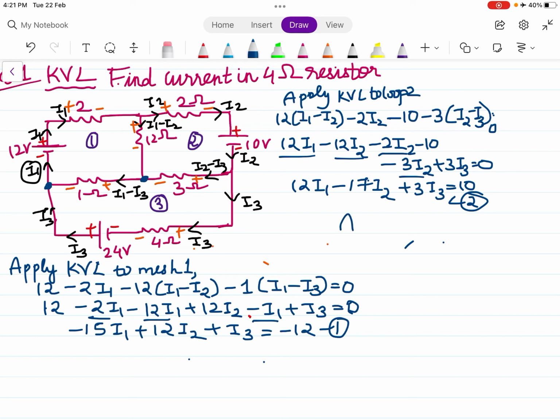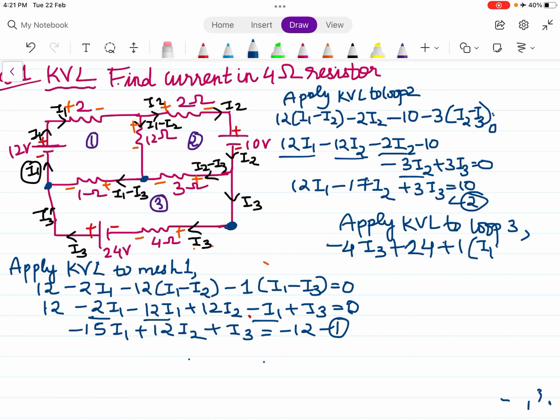Apply KVL to loop 3, starting from this point. Positive to negative, minus 4 I3 plus 24, then plus 1 times I1 minus I3, again minus to plus, so plus 3 times I2 minus I3 equal to 0.